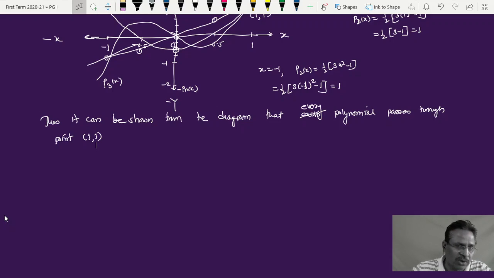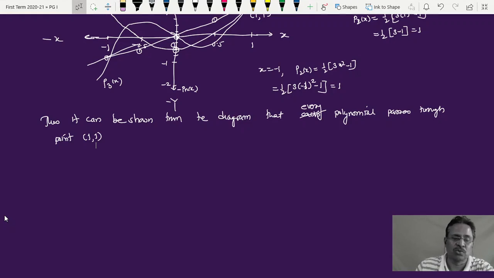I'll share with you later another picture, a very nice picture of all these polynomials from the internet. But we can understand how one can plot these Legendre polynomials from the given information, the equations we have obtained, P0x, P1x, P2x, etc.